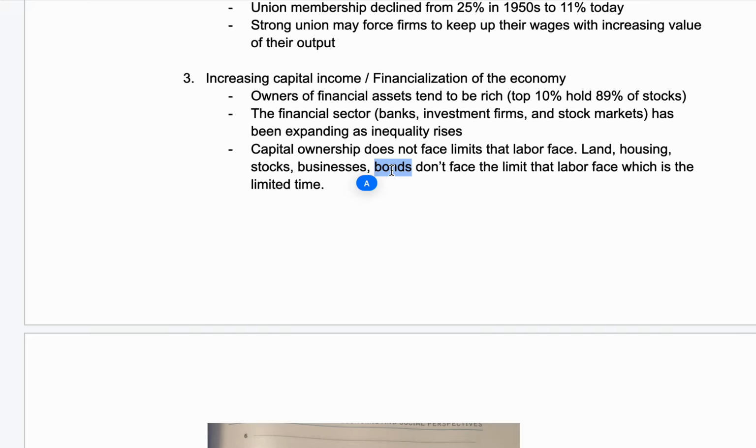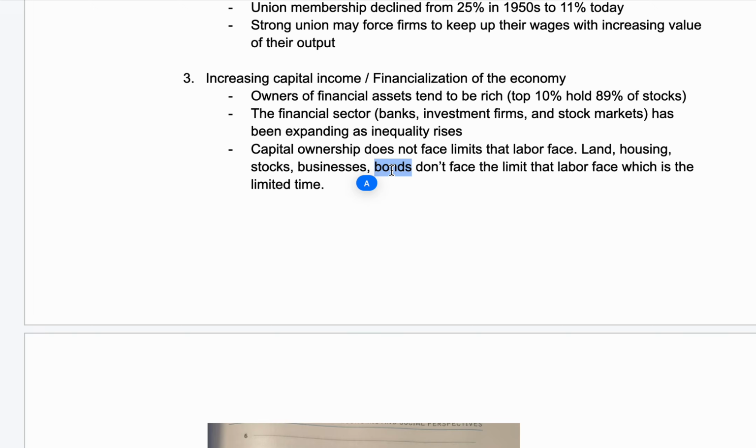So you have ownership of capital, right? When you own houses or land or stock, especially for stocks, that means you're partially owning the business, and when that's the case, you can get profits. Profits are an example of capital income. It is distinct from labor income, which is the income that you get by providing labor, by working, right?